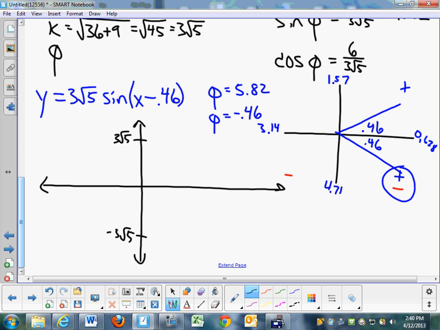Do you know what the period is? 2 pi divided by 1, which is 2 pi. So because I have a decimal, I'll mark it out as 6.28 here and negative 6.28. If I divide that in half, I get 3.14. I get 1.57. I get 4.72.